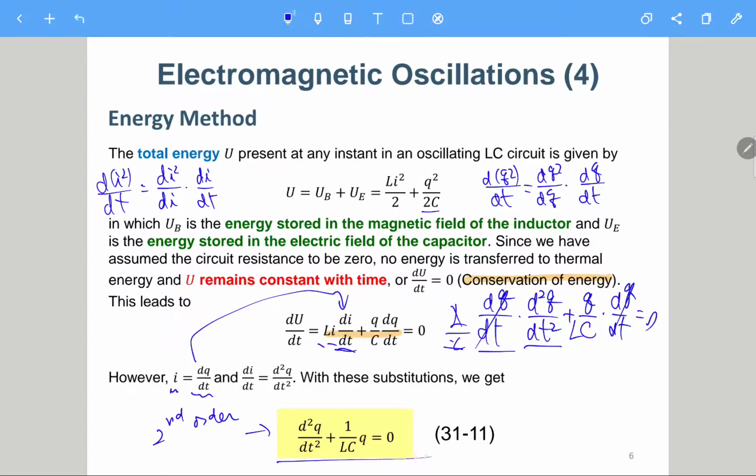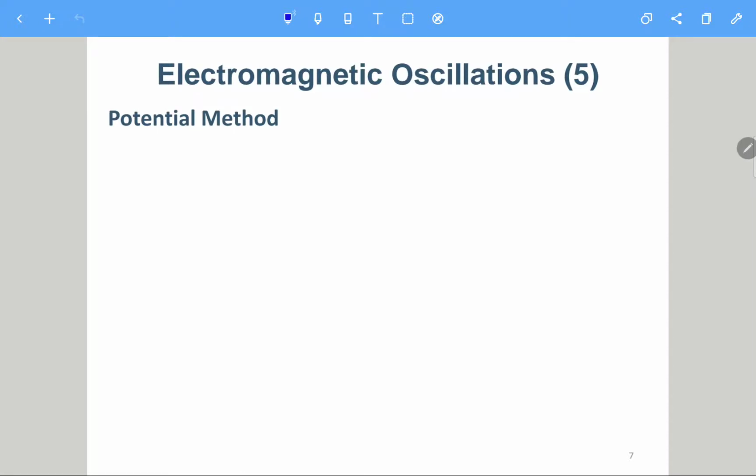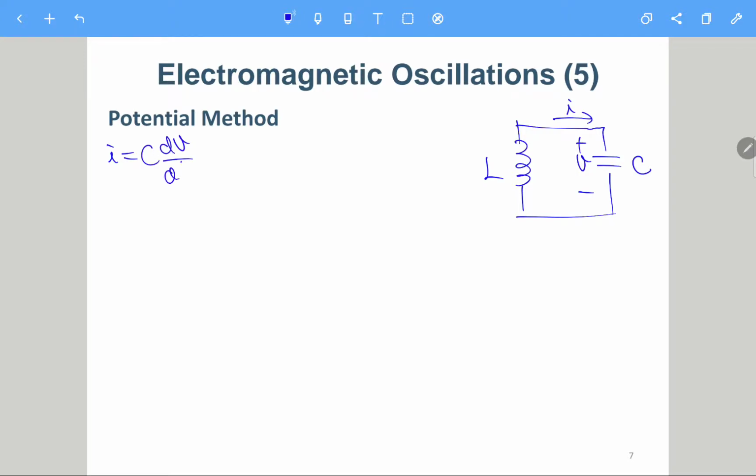Okay, so actually we can derive this equation using the energy method, and if you use the potential method, it is like we have C here, we have L here, and maybe we assume this is V, this is I, like this. Okay, so of course we have I equals C dV dt.